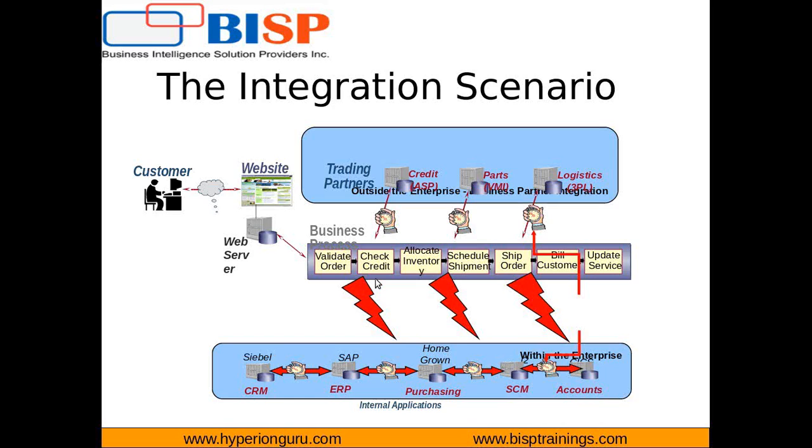It could be a third-party provider who might be doing credit checks for us. It could go into the inventory. If it is a third-party provider, then the parts could be checked on a third-party basis as well. And similarly, the other steps which are related to billing or related to the shipping.